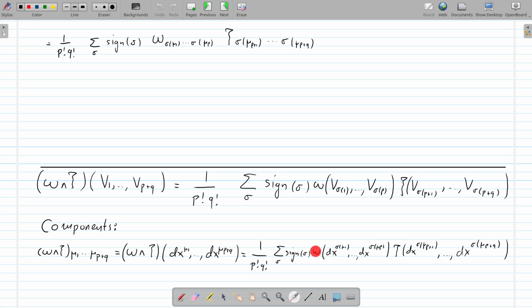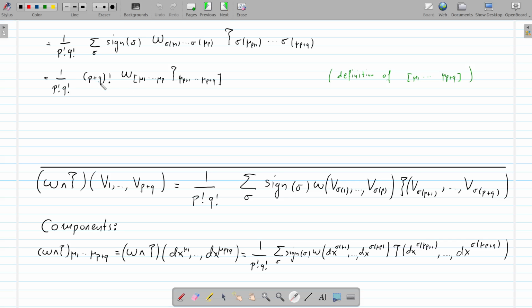But its factor here corresponds to the components of omega and xi with the indices permuted by sigma. And if you remember the definition of the antisymmetrization of indices, this is equal to (p plus q) factorial times the antisymmetrization of the indices of omega times xi.